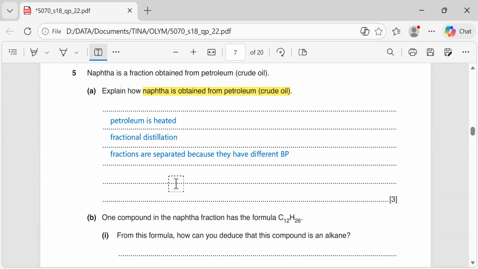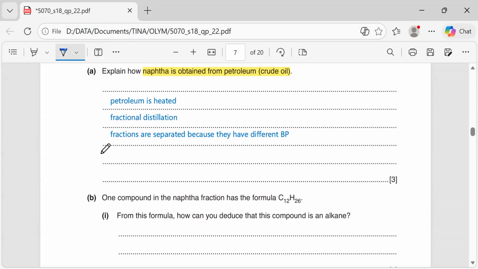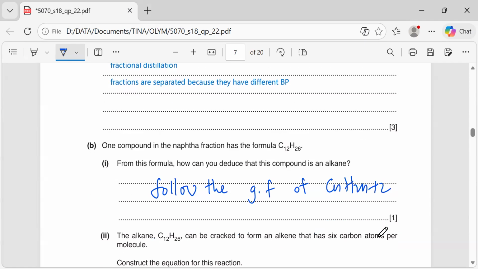Okay. So how do you know this is an alkane? It follows the general formula of CnH2n+2. Correct? Okay.